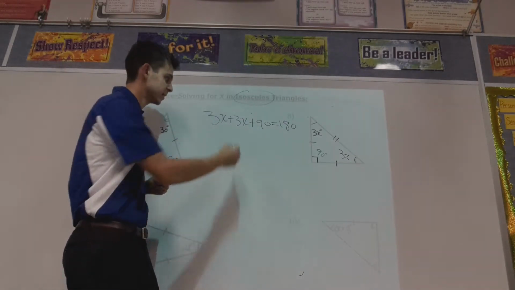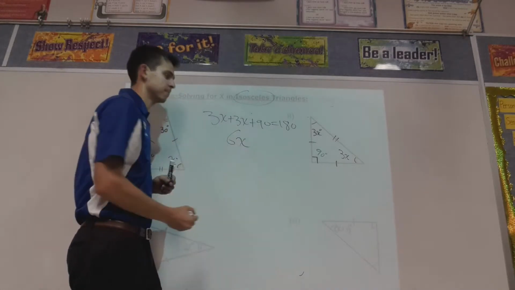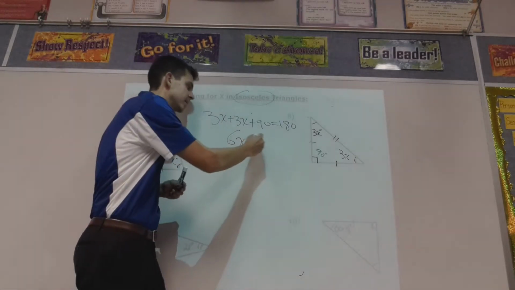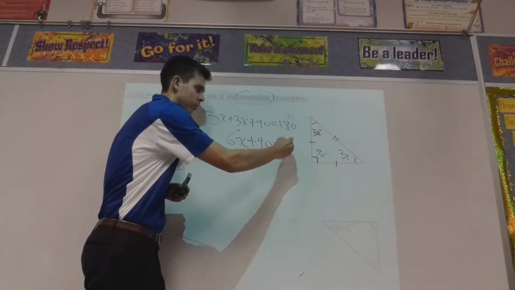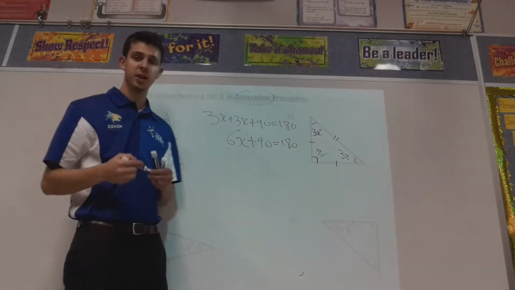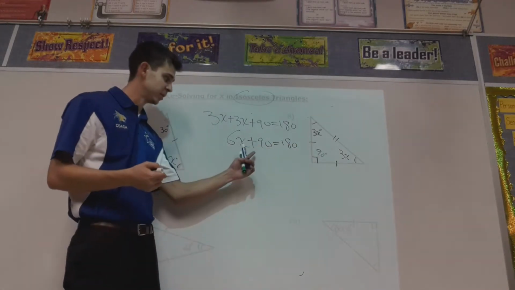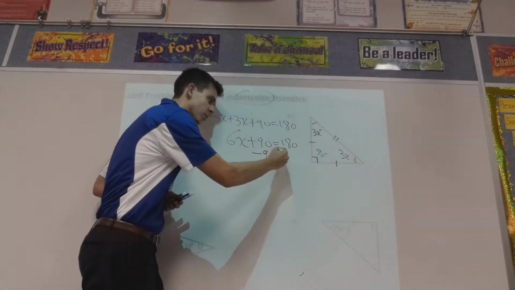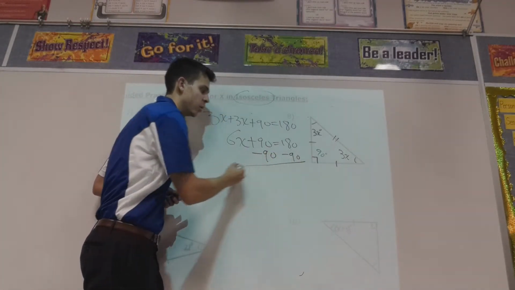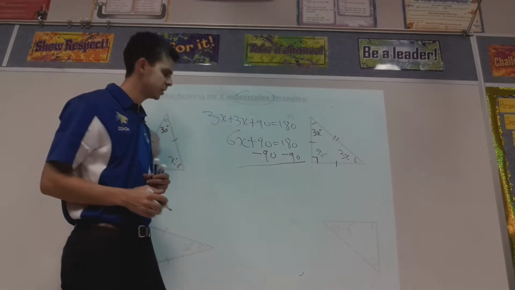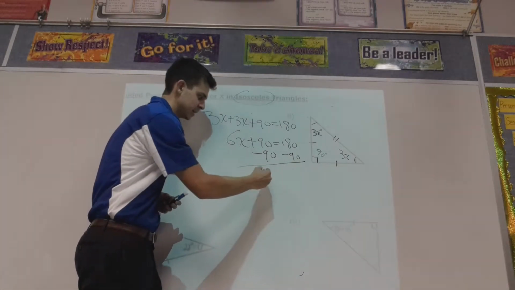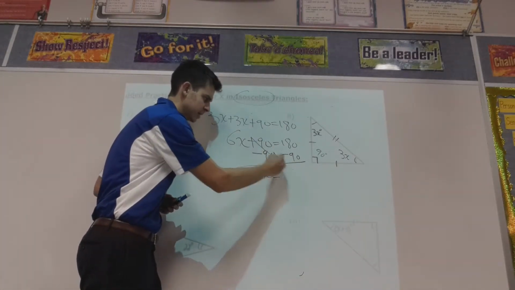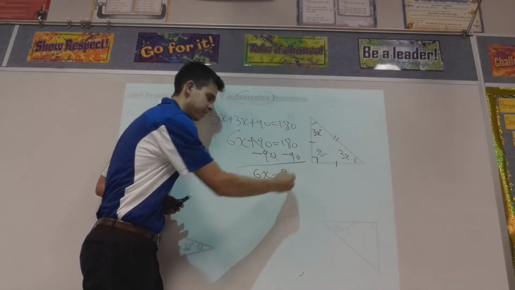So the total number of x's I have is 6x plus 90 is equal to 180. Now we just have a standard two-step equation. We're going to start with the addition or subtraction first. Subtract, do the inverse operation. What I do to one side, I must do to both sides. Now that gives me 6x is equal to, these cancel, 90.